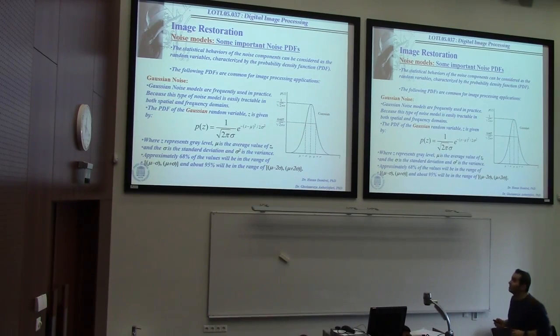I mentioned it's the Gaussian noise and it's the PDF of the Gaussian noise, and we can see it's similar to the Gaussian function that here we use as a noise.